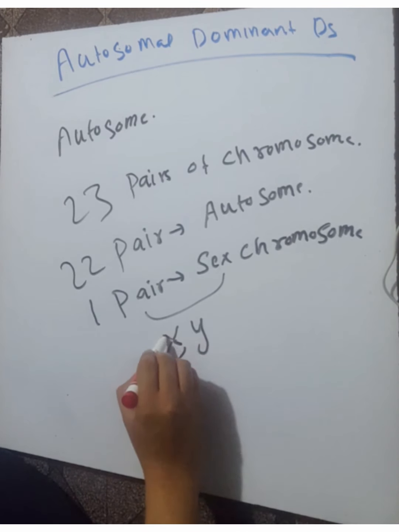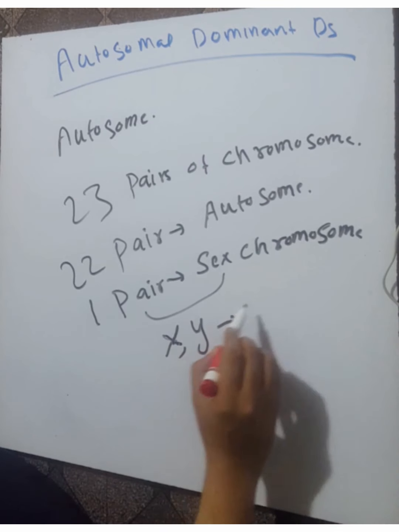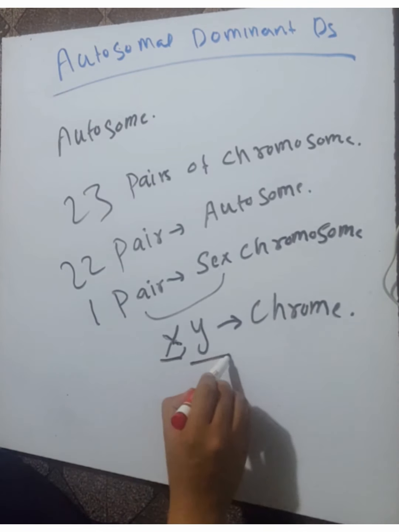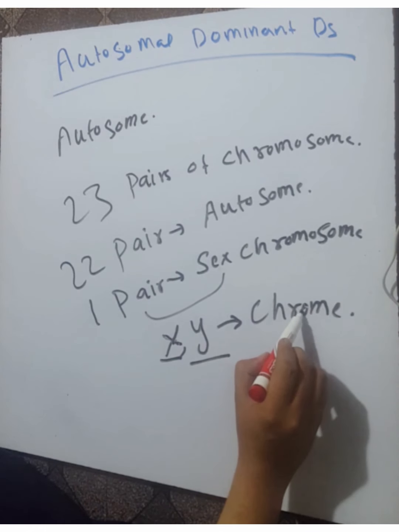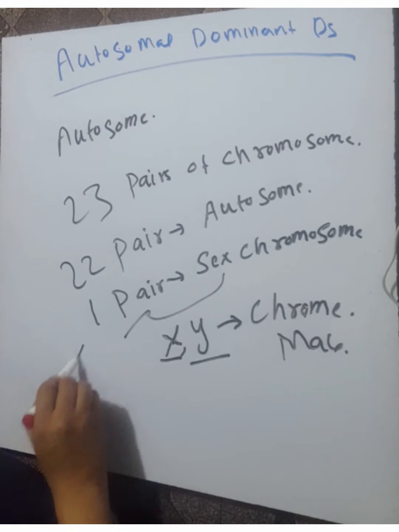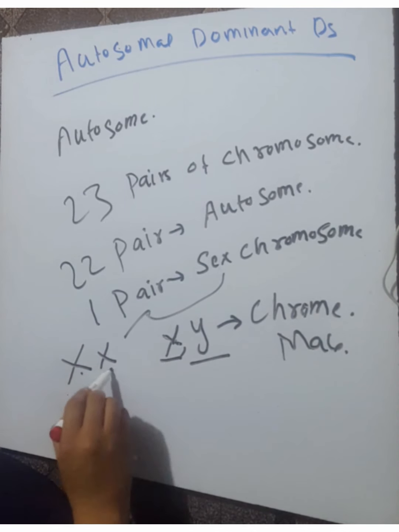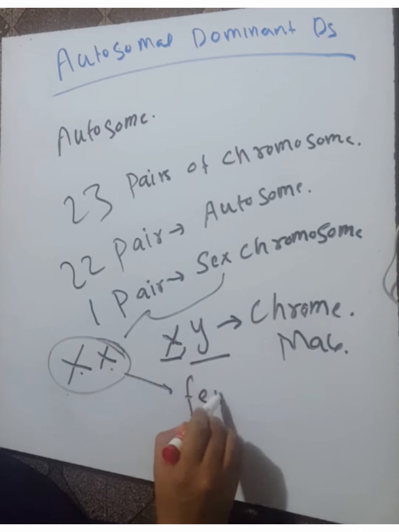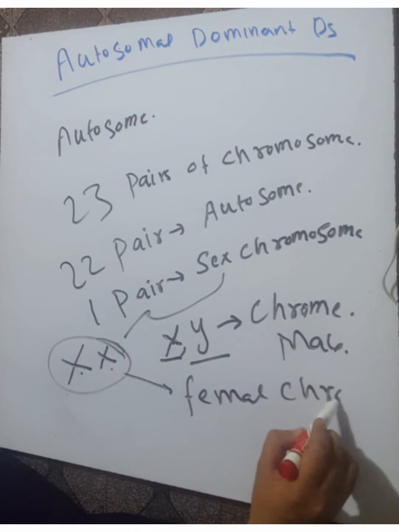In the male, there is one copy of X and one copy of Y. In the female, there are two copies of the X chromosome, XX.